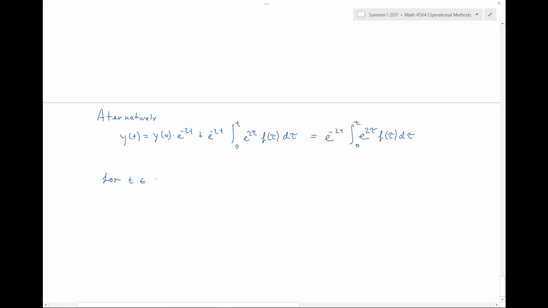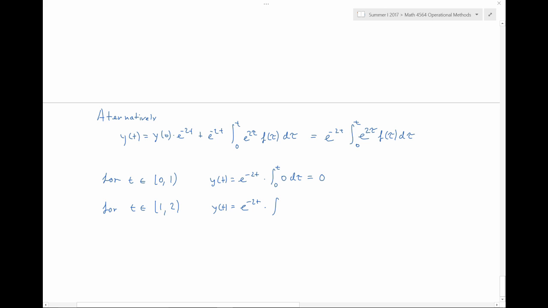So we have to break this solution again into 3 time intervals. For t in the interval from 0 to 1, we get that y of t is just e to the minus 2t times the integral of 0. So it's always 0. For t in the interval from 1 to 2, we get that y of t will be e to the minus 2t times the integral.